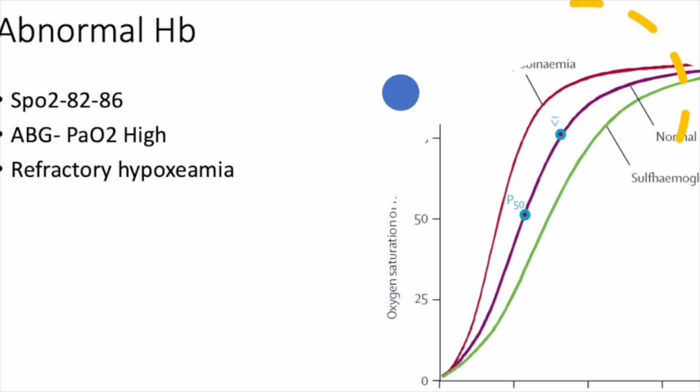In methemoglobinemia, the iron in the hemoglobin is in the ferric state, and so strong oxidizing drugs like dapsone, nitroglycerin, etc. can lead on to methemoglobinemia. This can be congenital, as in case of enzyme deficiency cytochrome B reductase.